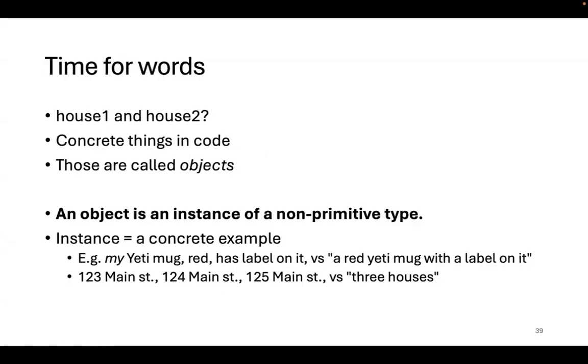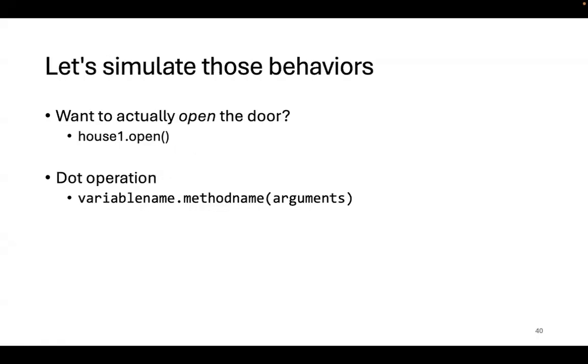We talked about how an object is an instance of a non-primitive type. We looked at how do we actually use those behaviors. So we used something called the dot operator. So we have some variable name, dot the method name, where the method belongs to that type. And we know that because we have a house class, a house type that we defined, and we said it's going to have this open front door method.